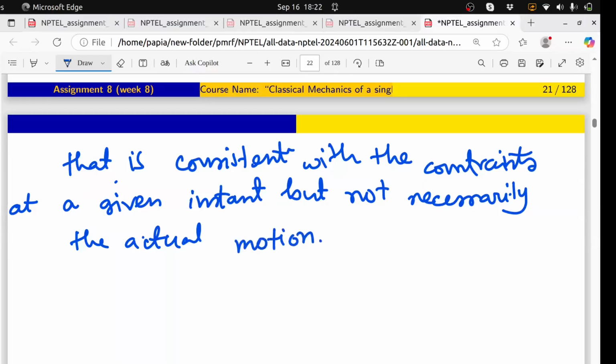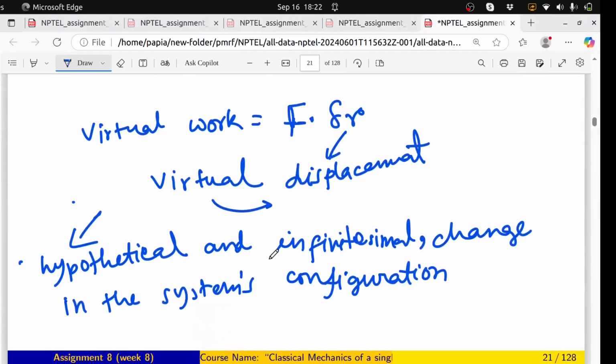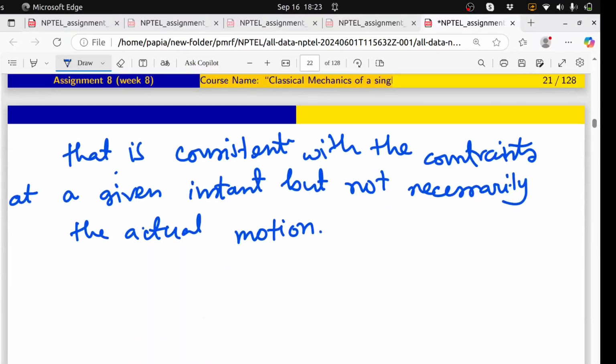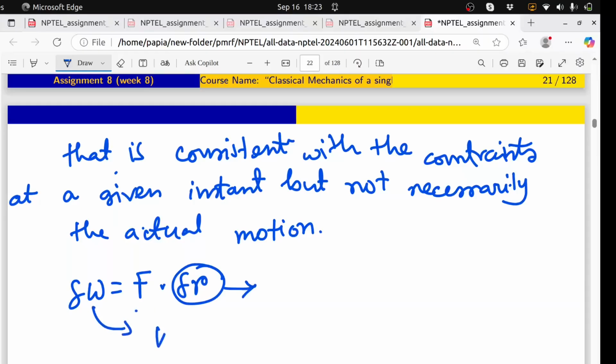It is not an actual motion, that's why it is known as a virtual displacement. The work done from that delta R, the virtual displacement, is known as virtual work.